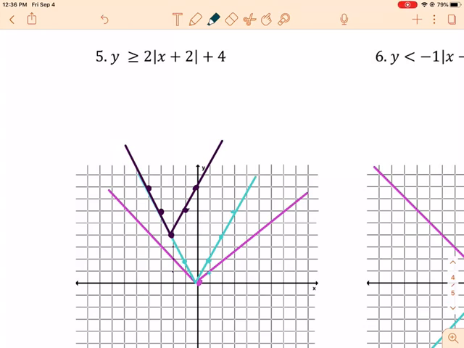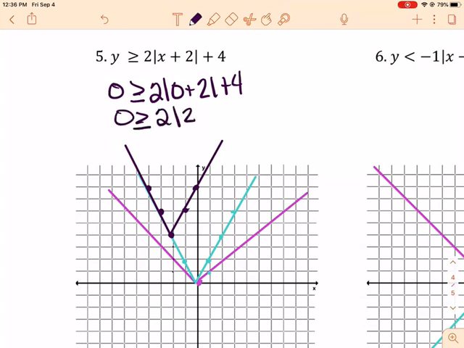All right, but the problem is it says greater than, which means that we have to do a test point because it's an inequality. So we're going to test 0, 0 because, again, 0, 0 is the easiest point to do. So this becomes 2 times the absolute value of 0 plus 2, plus 4.